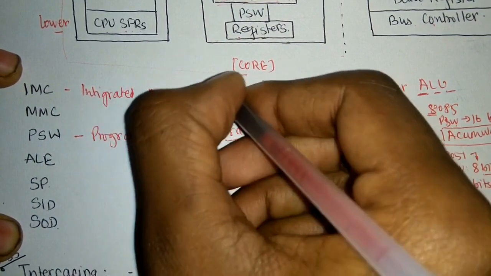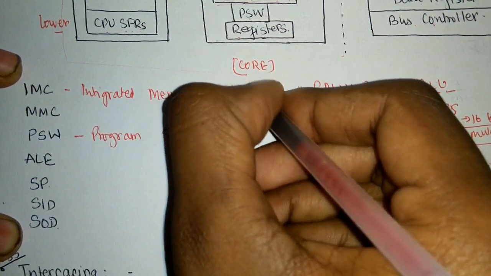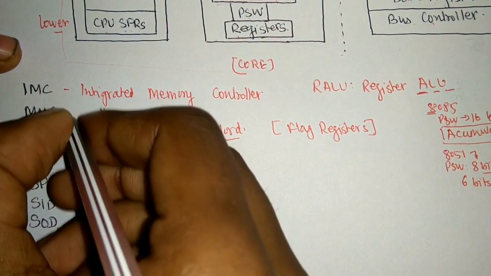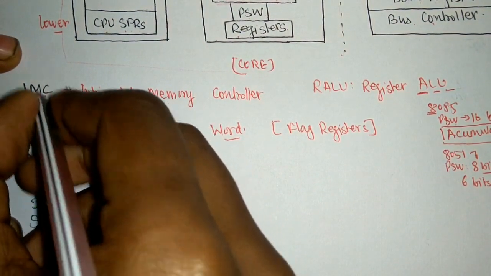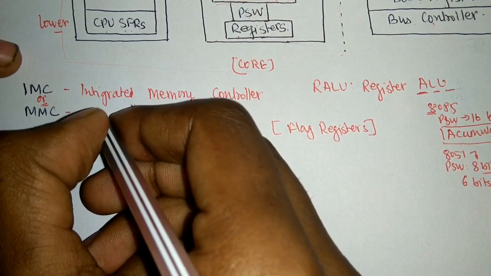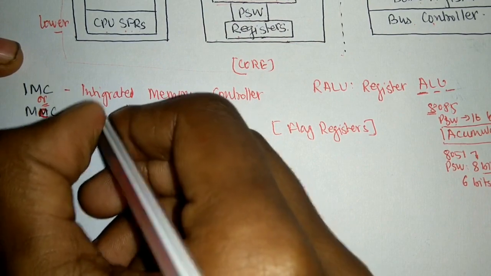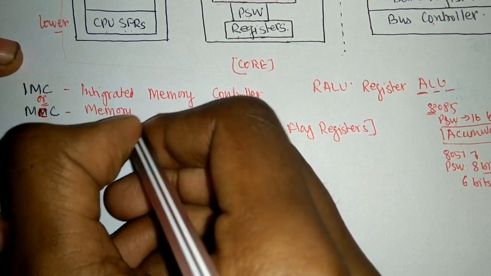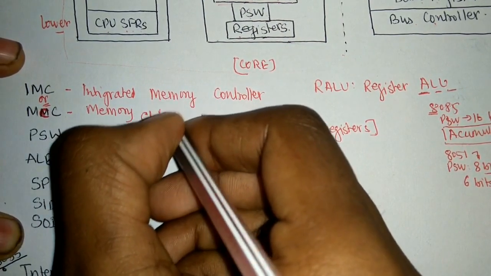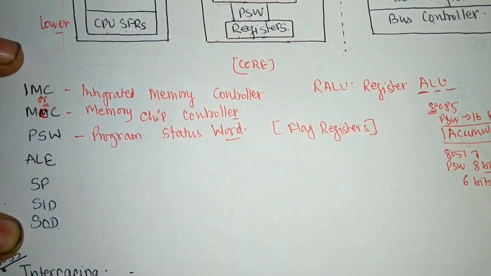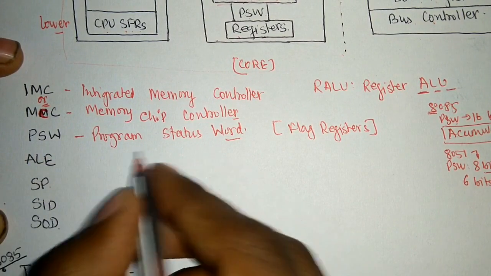So it is an integrated memory controller; there is a memory controller integrated with our system. It can also be called MMC. So MMC and IMC are both the same, only MCC is known as memory chip controller. So we can call it IMC, we can call it MCC. PSW we have already talked about, that is our program status word.